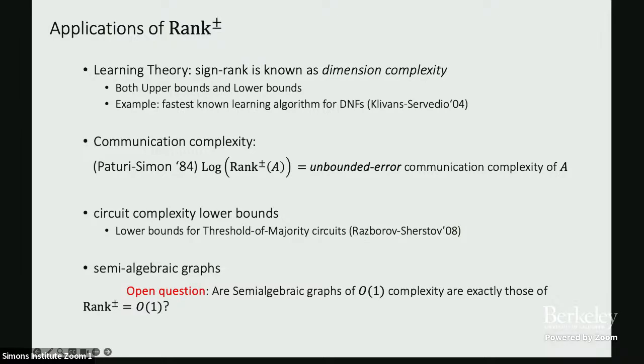So what was sign rank? It was all these arrangements of incidences of half spaces and points. You can generalize that: instead of half spaces, for each column I could have some semi-algebraic set, which is an intersection of a bunch of polynomial inequalities, and look at the incidence matrix of that.